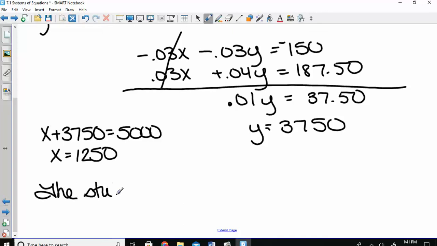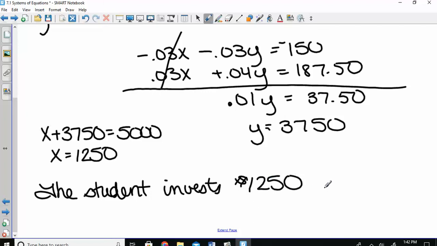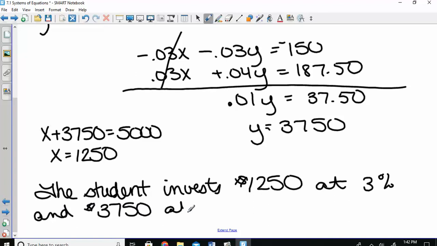So the student invests, x was the amount at 3%, so $1,250 at 3%, and $3,750 at 4%.